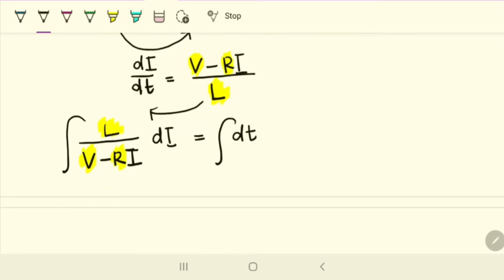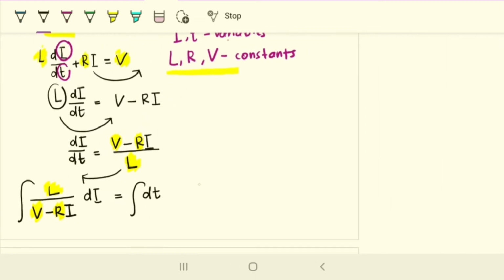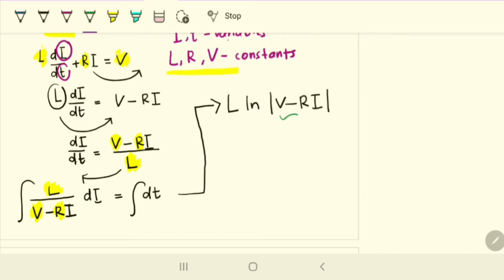This is a reciprocal function, so I can have ln as my answer. So this will become L ln absolute value of V minus Ri, and if we try to differentiate this, we will get negative R, because again, these two are constants. Next, the right hand side will be t plus C. Let me bring L over negative R to the other side.